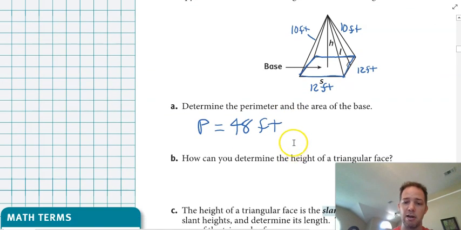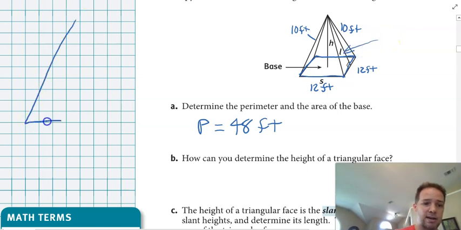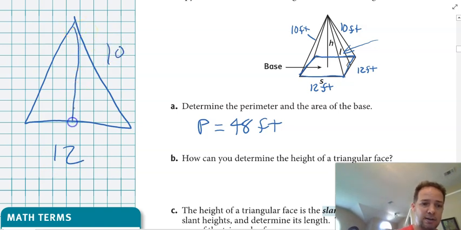How can you determine the height of a triangular face? So if I was looking at like this piece side here, it would make an isosceles triangle with a base of 12 and an edge height of 10. And I would need to figure out the height that's labeled as L on there to be able to figure out the base and height to figure out the area of this one.